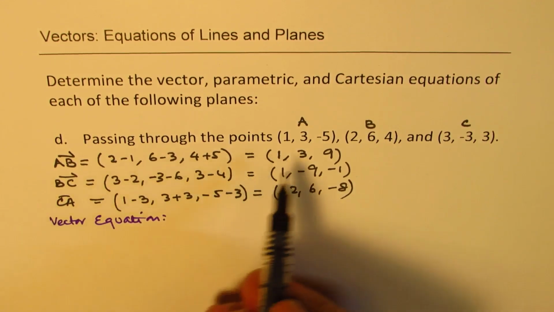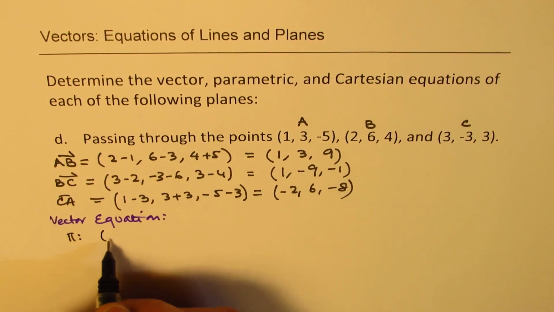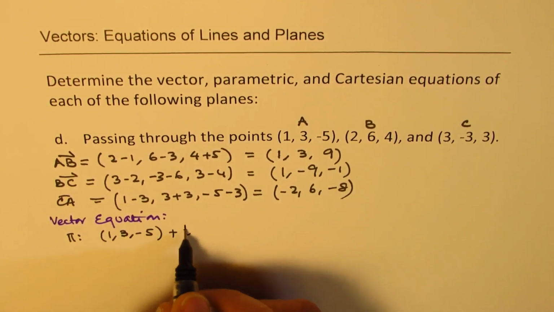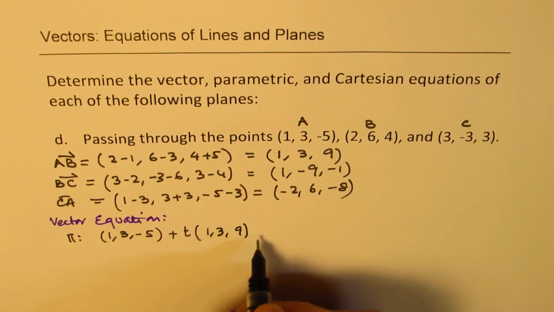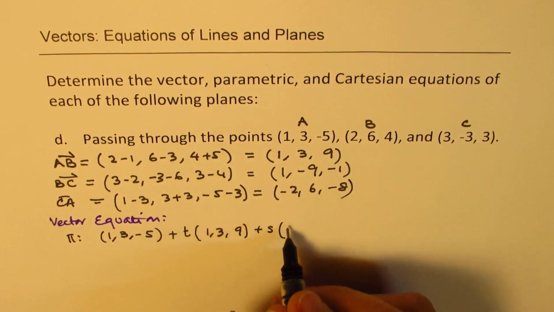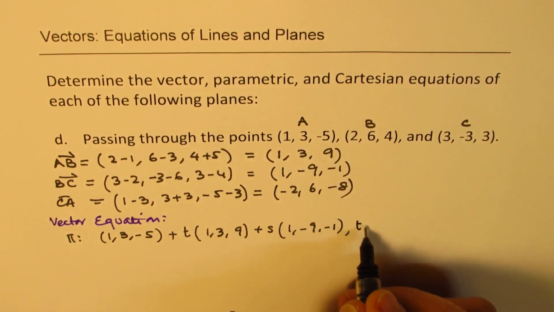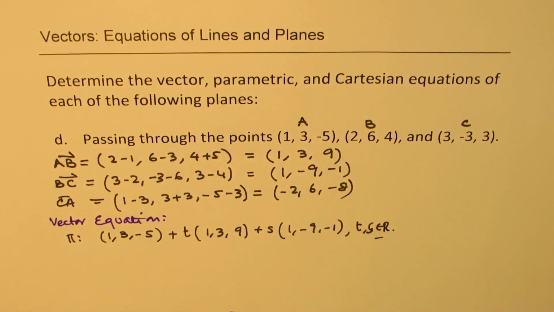It will be: select a point, let's say 1, 3, minus 5, plus t times one of these, 1, 3, 9, plus s times one of these, 1, minus 9, minus 1, where t and s belong to real numbers. Clear? You can write down the parametric equation also.